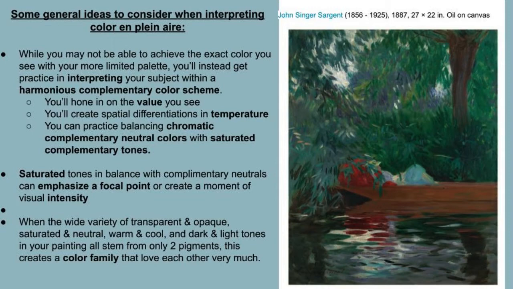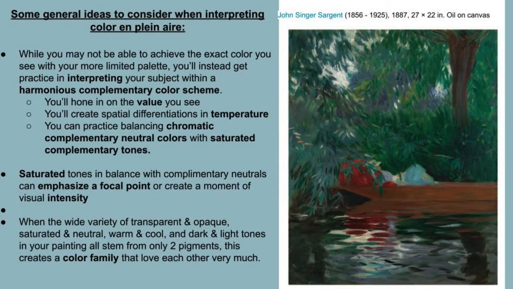You can also use this as an opportunity to practice mixing chromatic complementary neutral colors and balancing neutral tones with saturated tones. Your two complementary colors, when used in their saturated forms, can create a really lovely emphasis and a really beautiful sense of intensity.